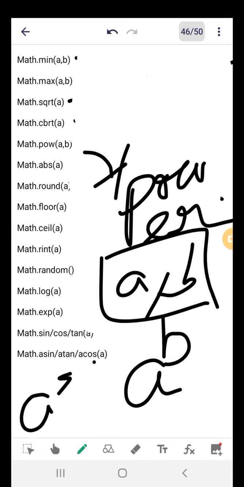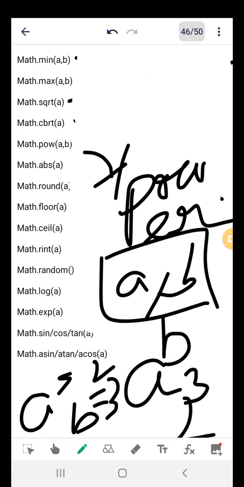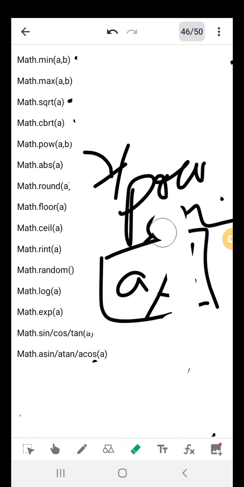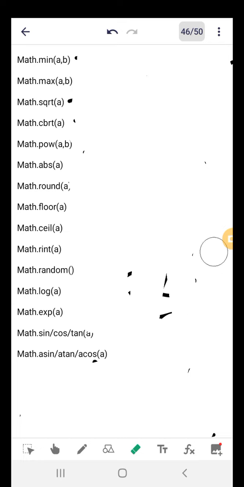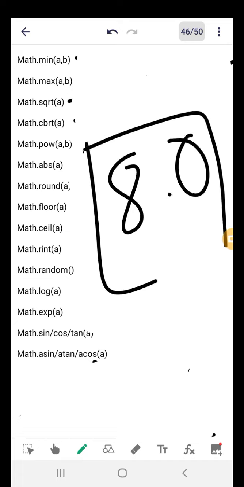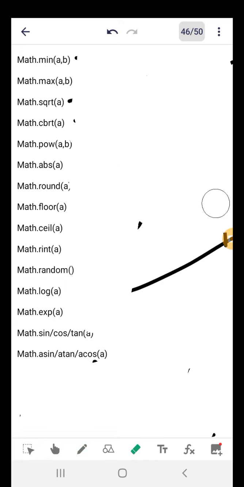If a is 2 and b is 3, then it will return 2 to the power 3, calculating the value. 2 to the power 3 is 8, so it will return 8.0.